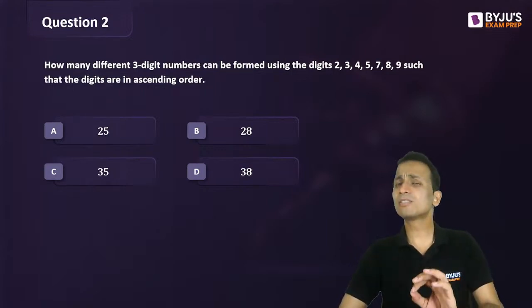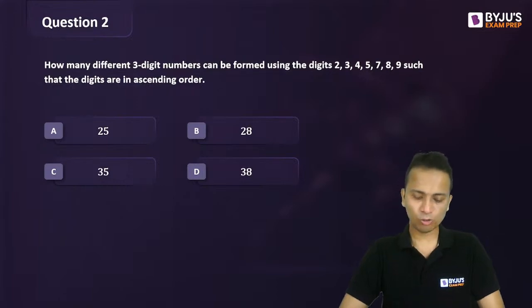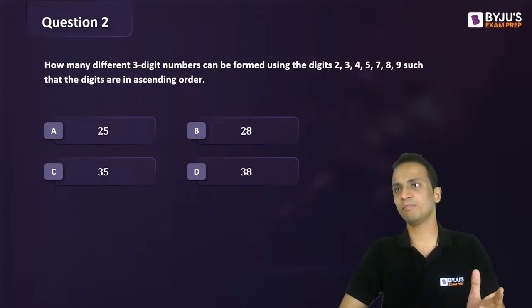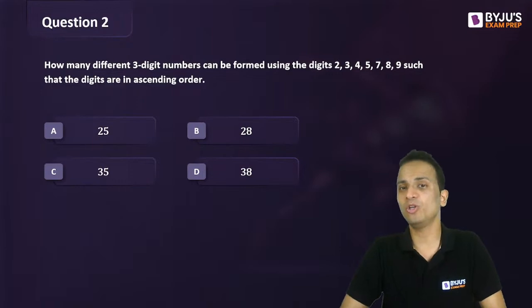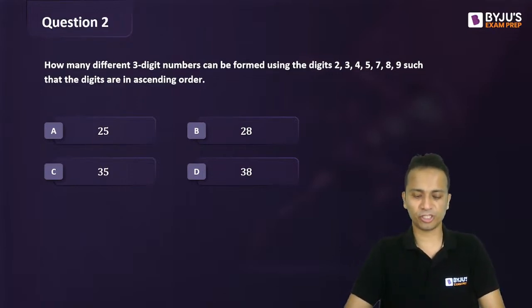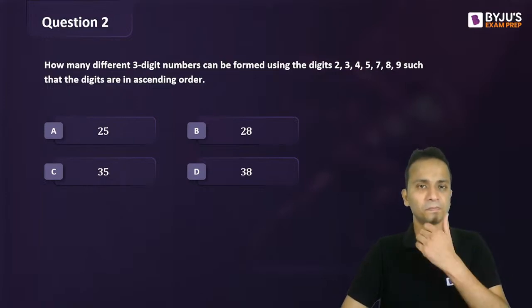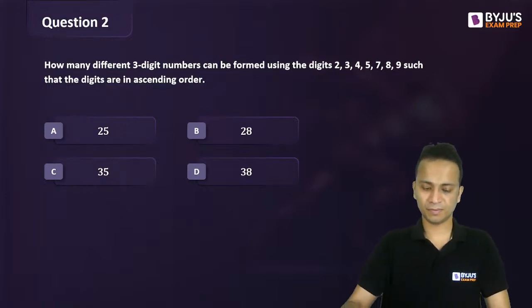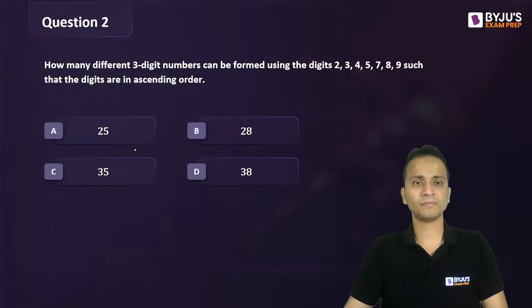अब बहुत simple question है. I don't know if you think the same way or not. But when I'll explain you the solution, you will actually understand how simple this question is. How many different three-digit numbers can be formed such that the digits are in ascending order?